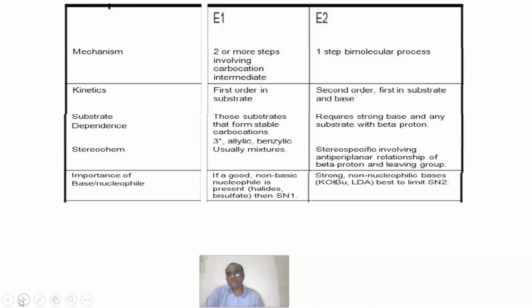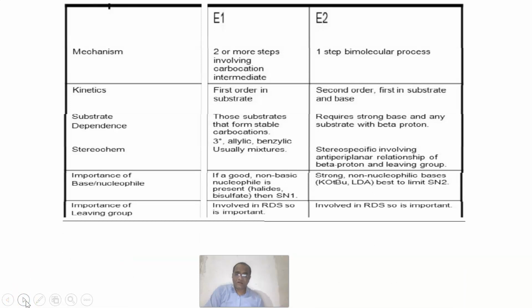After that, importance of base or nucleophile. If a good but non-basic nucleophile is present, such as a halide or bisulfate, then SN1. A strong, non-nucleophilic base is best to limit the SN2 reaction.